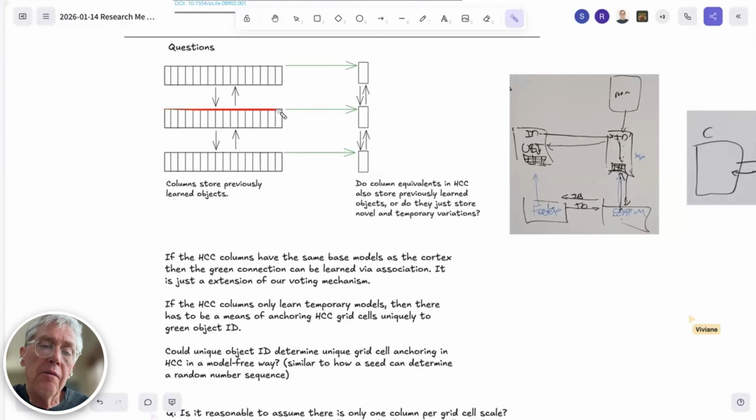Maybe the voting is not associative learning, but once somebody establishes something, it automatically invokes the right reference frame over here. So if this guy says, I know I'm on a mug and I'm sharing in my ID, then everybody else who's not getting an input could say, oh, I'm going to create a model of mugs too. I don't know that it's a mug. I'm just going to say, based on your ID, I'm going to create an equivalent model here.